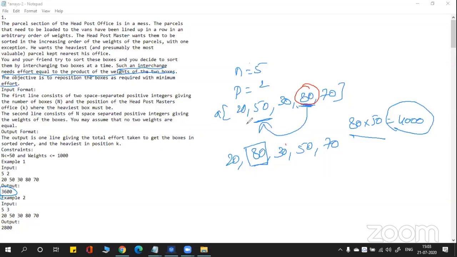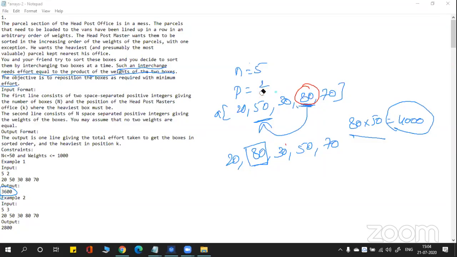One of your friends is saying to take the maximum element, leave the kth position element, and shift the other elements by one. If I try to shift all these elements, 8 times 3 is 24, and then 8 times 5 is 40, so again my effort will be increased.